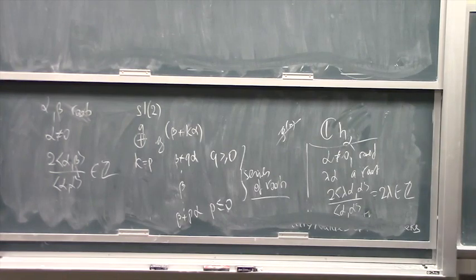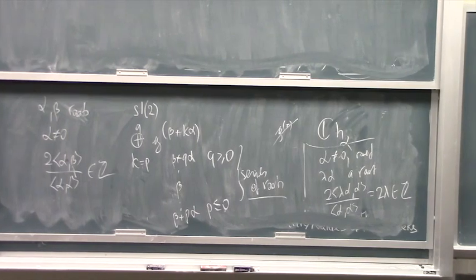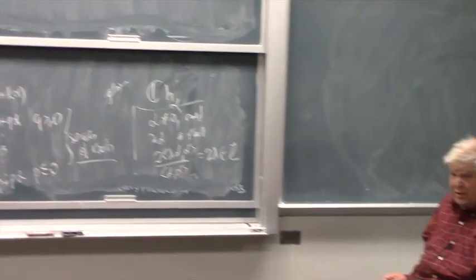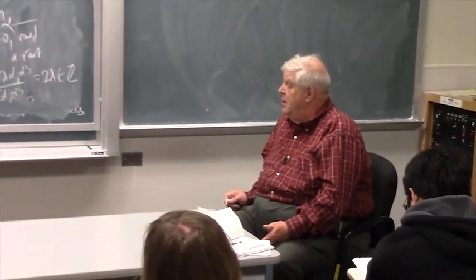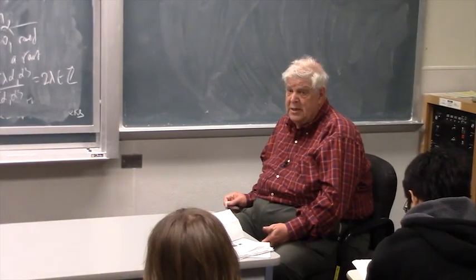So lambda, I said complex number, but actually lambda is either an integer or half integer. If lambda is an integer, then we already know that lambda is plus minus 1 or 0. What if lambda is a half integer? So 2 lambda is odd.